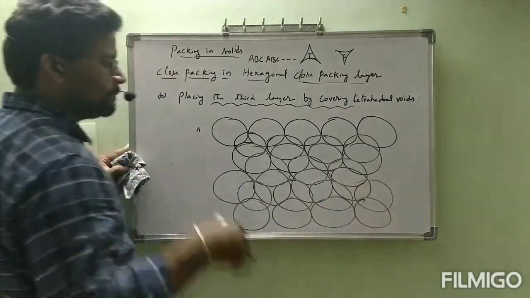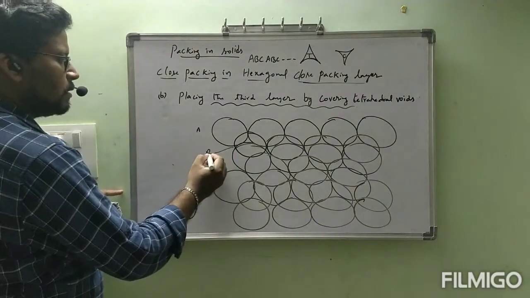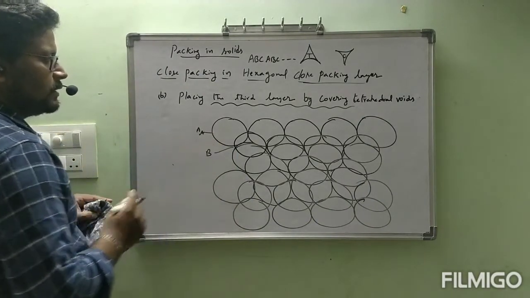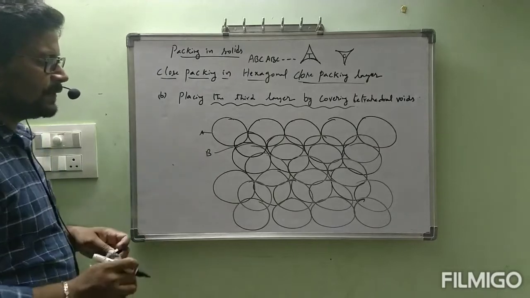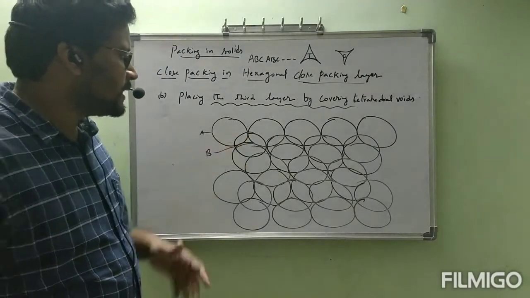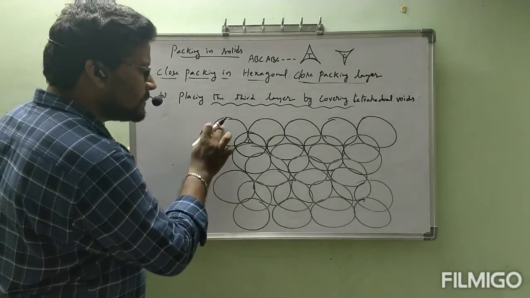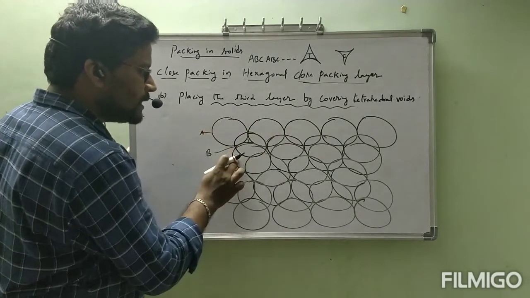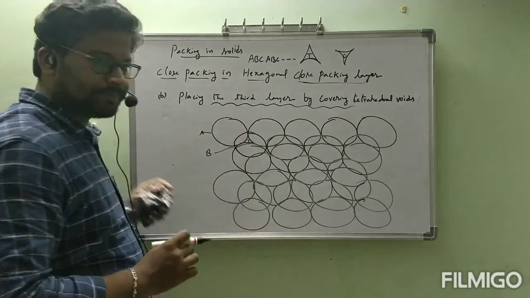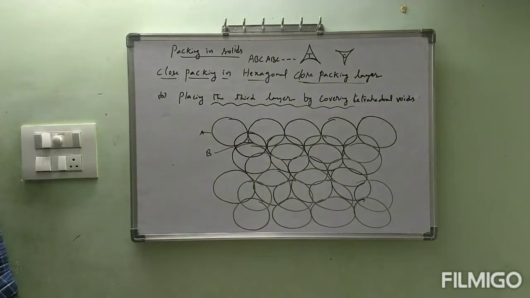Like that it is repeated. So this is the B layer, and this is the A layer. Now my question is, observe this tetrahedral void. Concentrate on only these particles, 1, 2, 3 particles, and this one. This is the second layer I kept already.